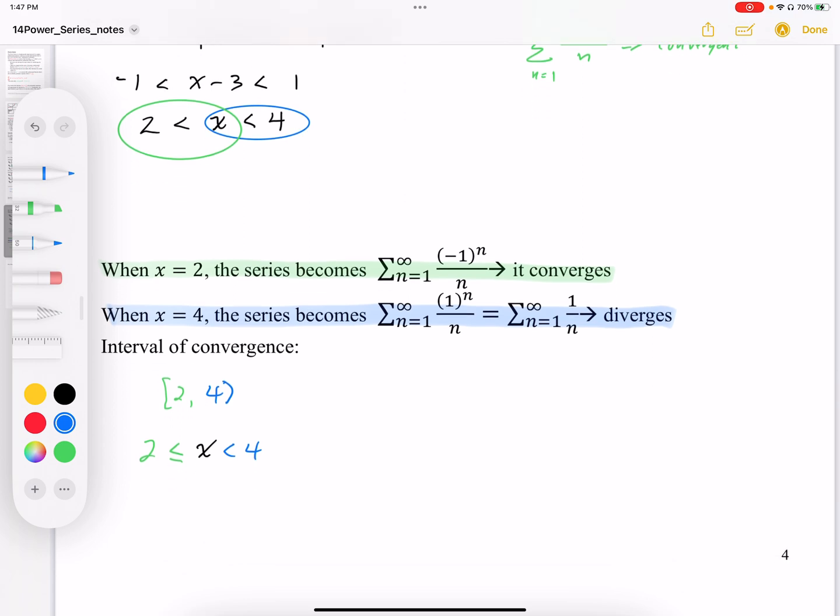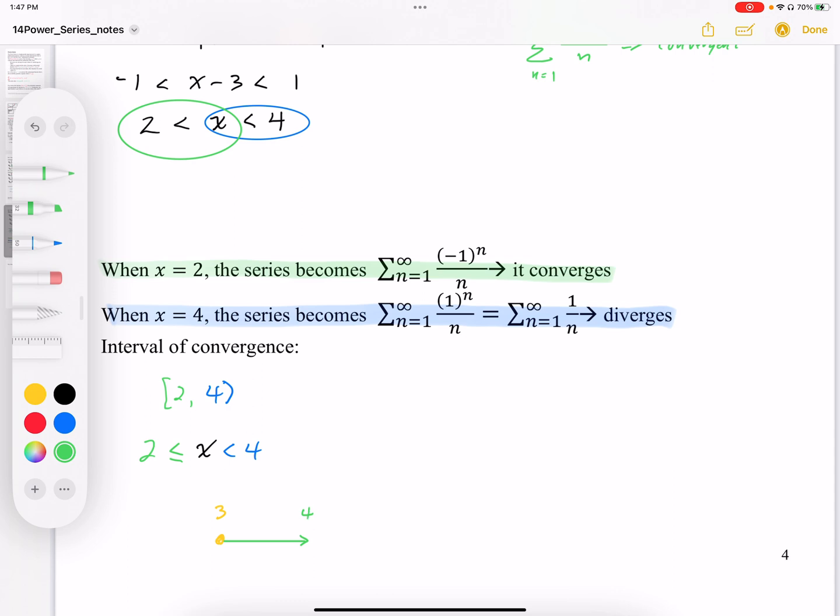We can show this on our number line as well. The center was going to be at x equals 3, so we can draw it in like this. That's going to be our center. Our radius was 1.